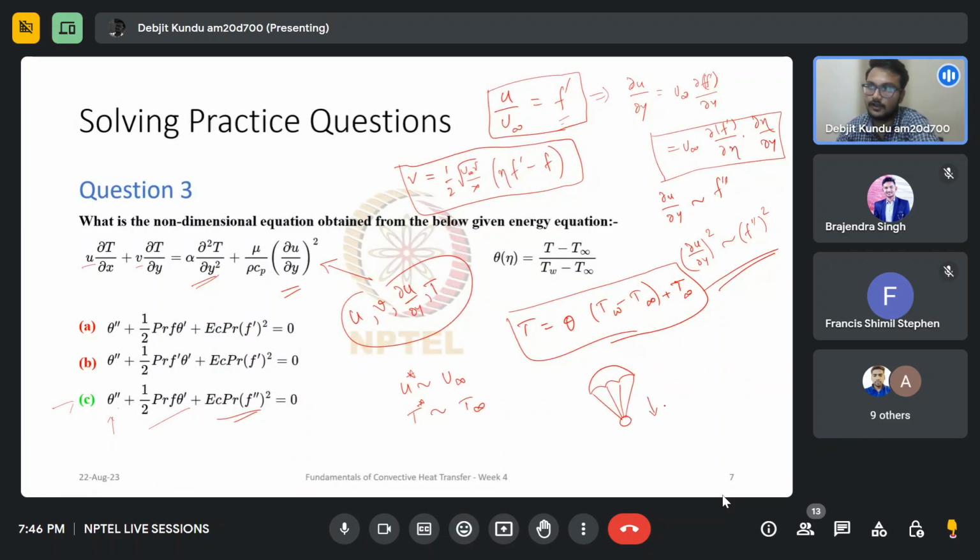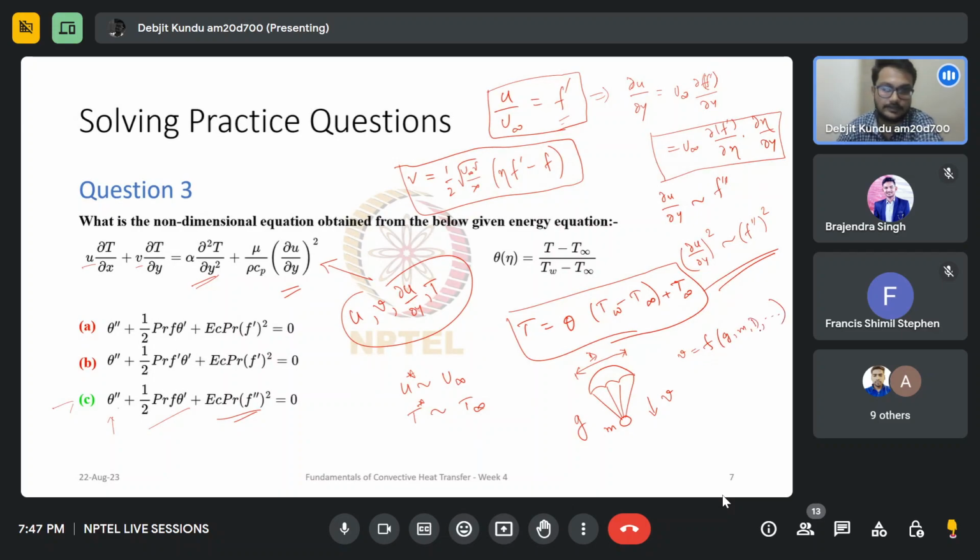It is falling at a certain velocity v, and this velocity would depend on the diameter, the mass of this thing, as well as gravity. There are many other things it might depend on. So this velocity would be a function of g, m, d, and so on.